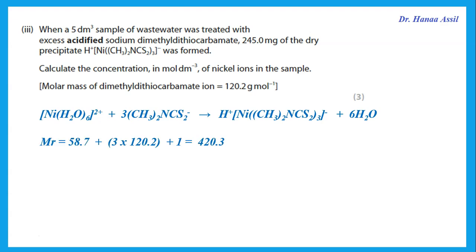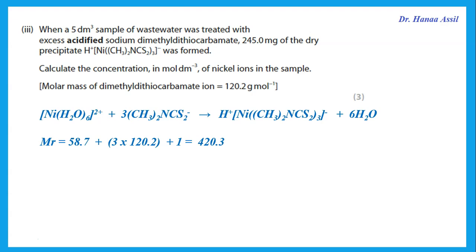So first of all, let's calculate the Mr of the product. We are told that the Mr of the dimethyldithiocarbamate, which is the ligand, is 120. But then we also have 3 of them, and we have nickel, and we have an H+.